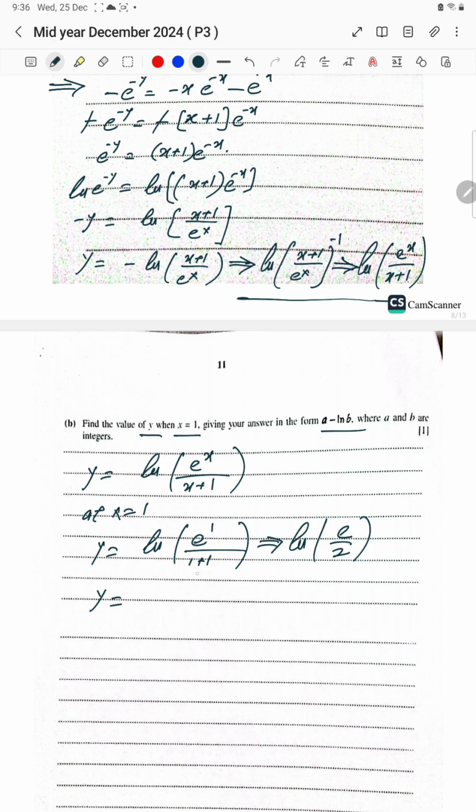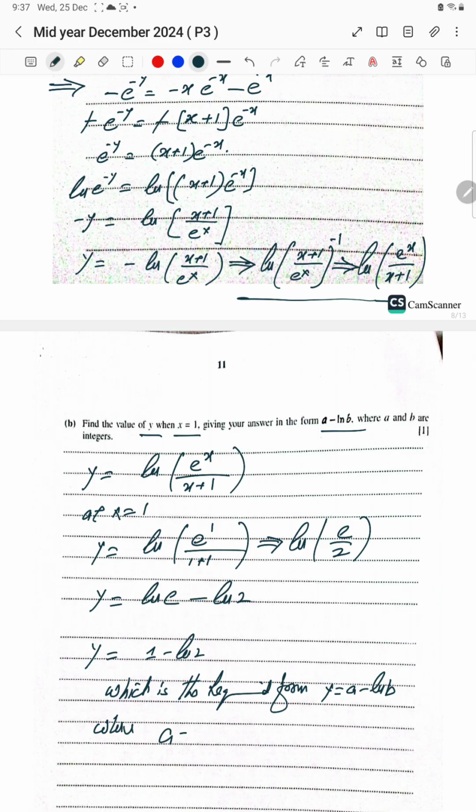Applying the log property, y equals log e minus log 2, and you know log e is 1, and minus log 2, which is the required form of y equal to a minus log b, where a is 1 and b is 2. I hope it is clear.